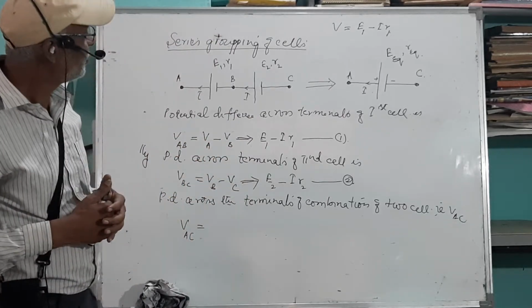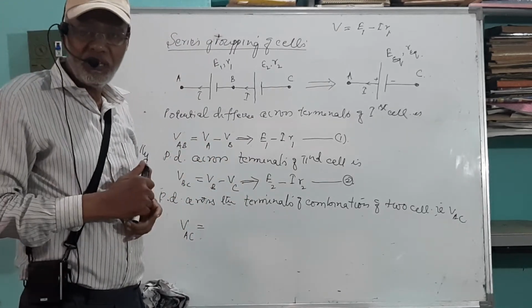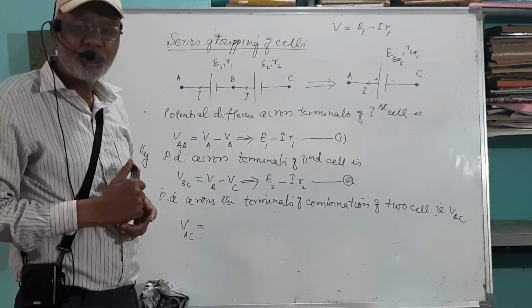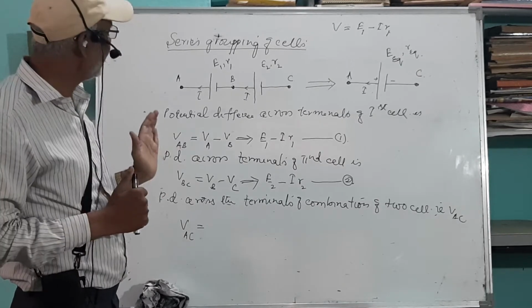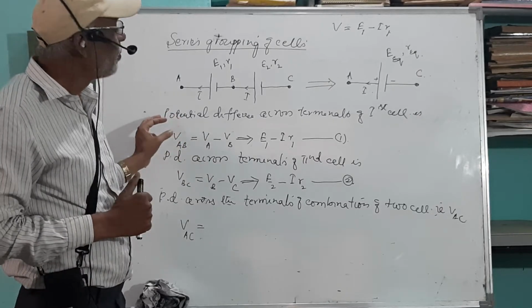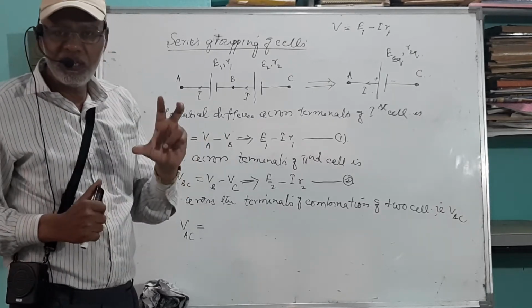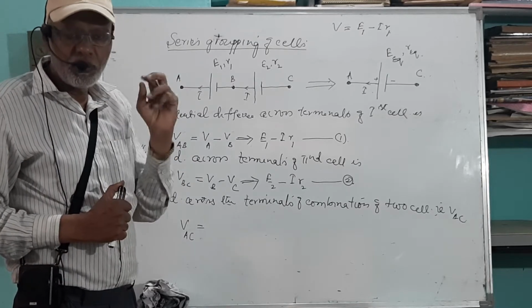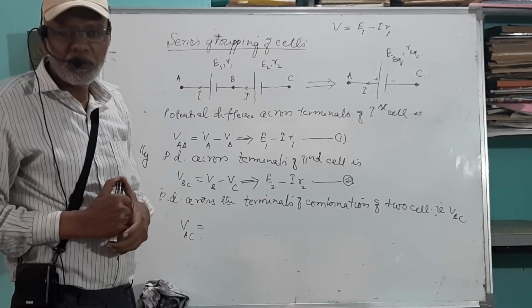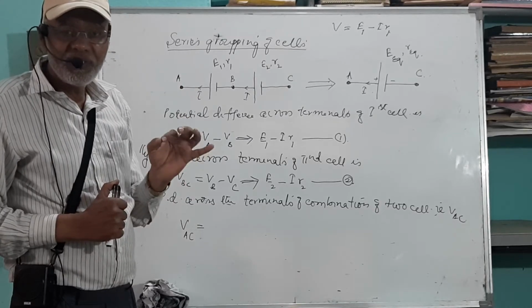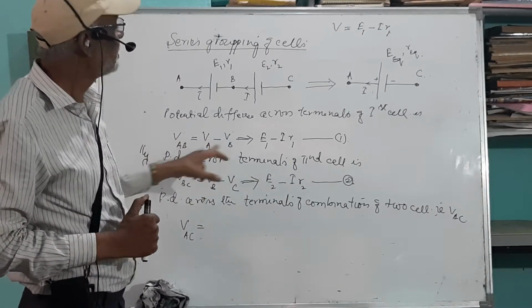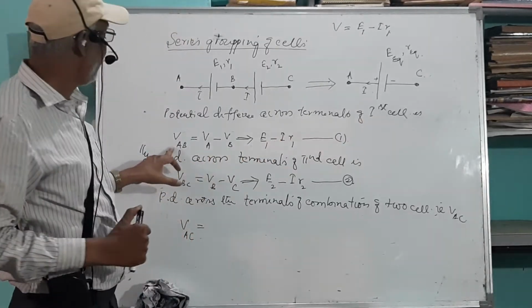First of all, in order to obtain the expression for the equivalent EMF when two cells are connected in series, what you have to do? First step, you have to find the potential difference across the ends of the first cell, that is VAB.